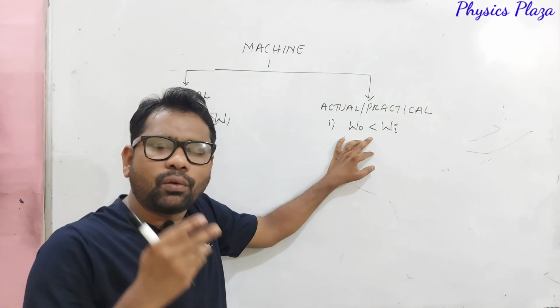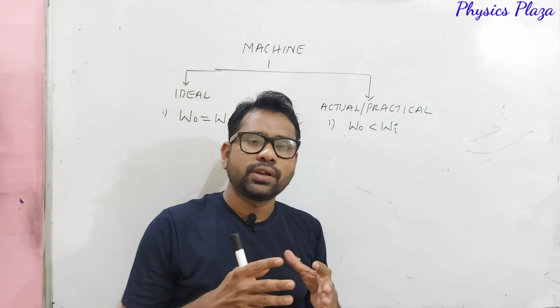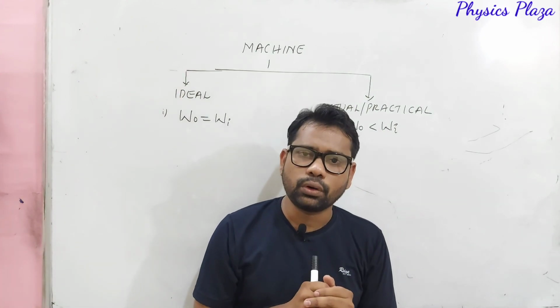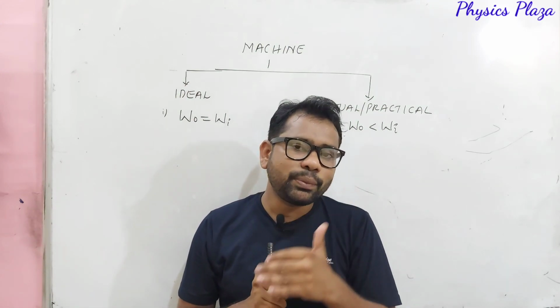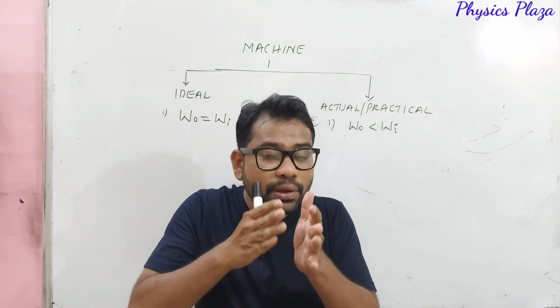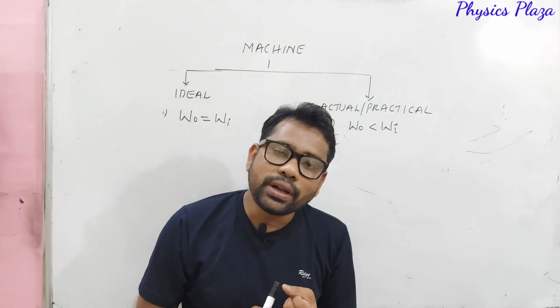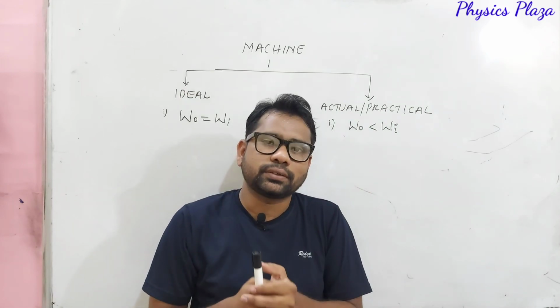What is the reason? Why is work output always less than the work input? Dear children, whenever some work is done by the machine on the load, some energy loss will be there. Why? There will be friction among the parts of the machine, first point. The second point is that the parts of the machine are really heavy.